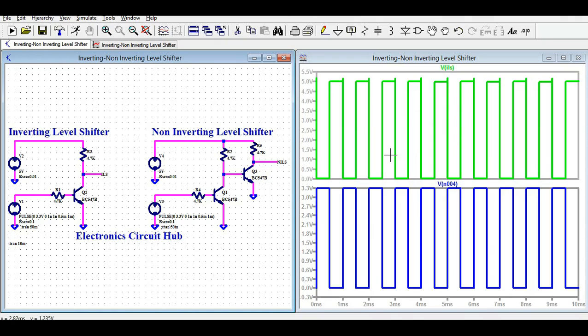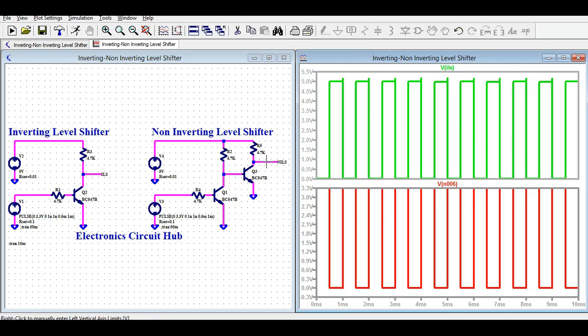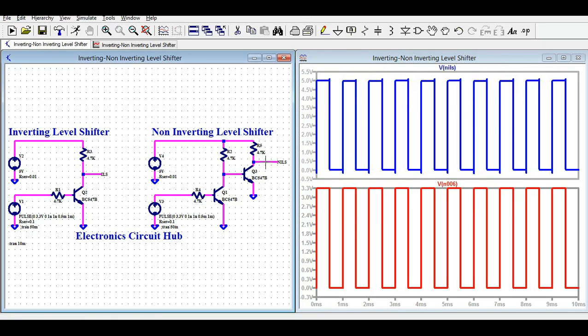Now let me show you the waveform for the non-inverting level shifter. This is your input for the non-inverting level shifter, and if I click on NILS, let me show you the output. Your input is still 3.3 volt, the same as for the inverting level shifter. At the output you see 5 volt, so your logic level is shifted from 3.3 volt to 5 volt.